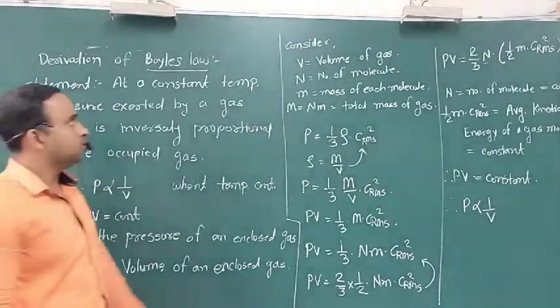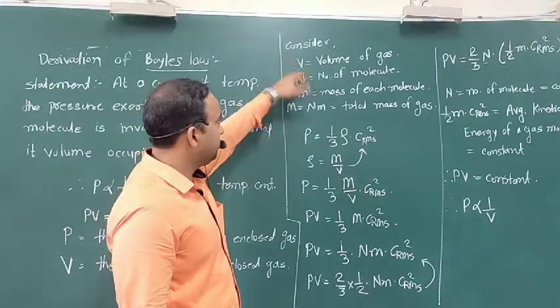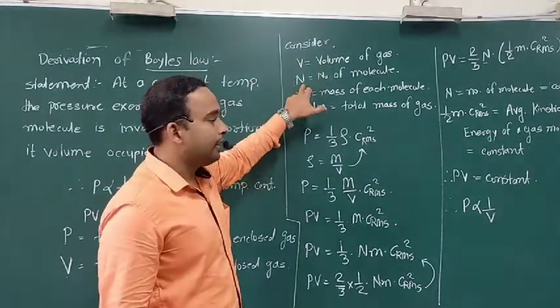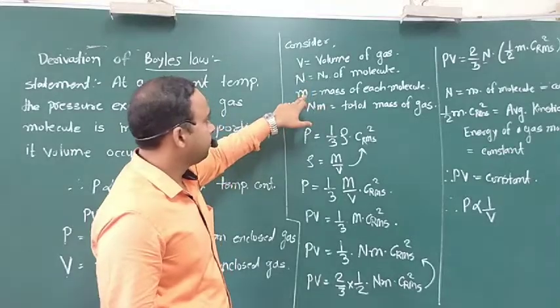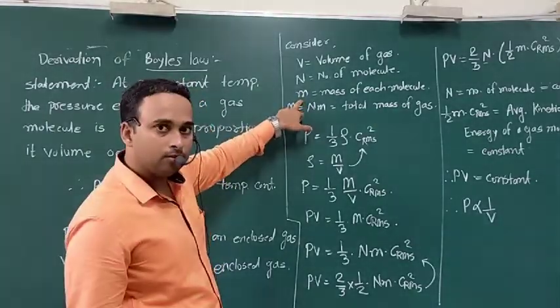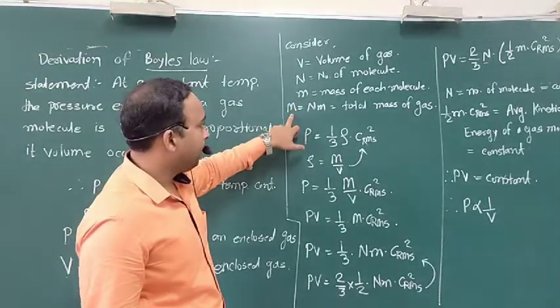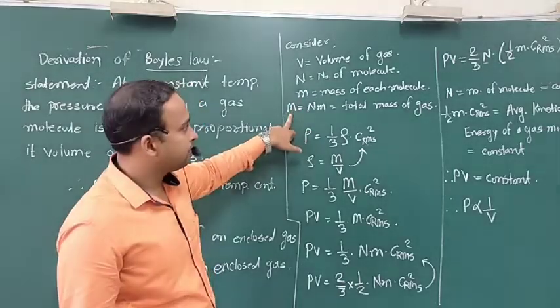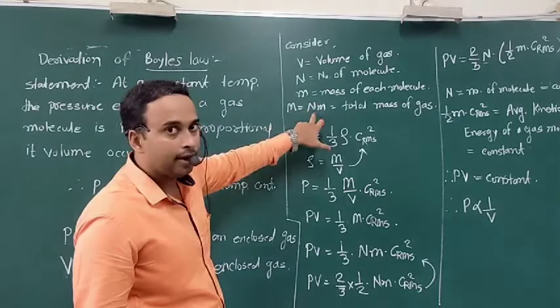Okay. Now, let us consider V is the volume of gas, N is the number of molecules, small m be the mass of each molecule, capital M be the total mass of a gas, that is M is equal to N into m.